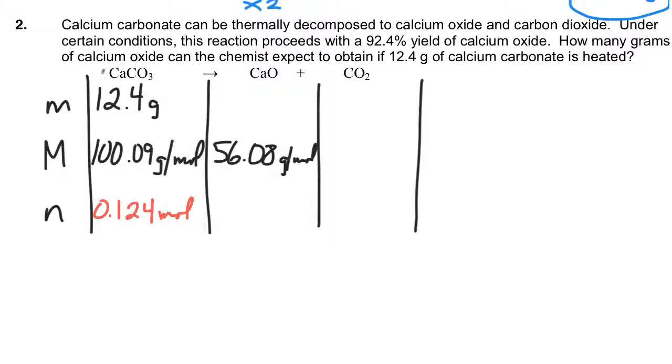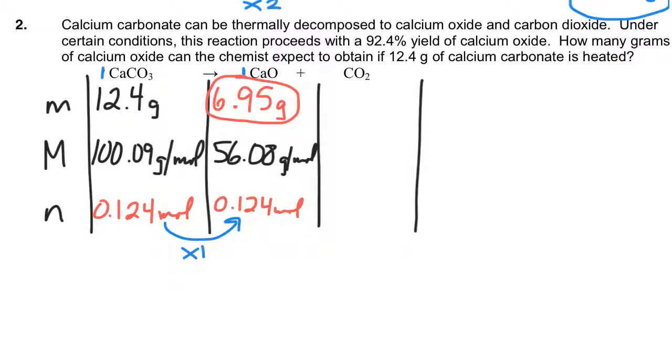Look at the coefficients. There's a 1 and a 1. It's a 1-to-1 ratio, so the molar amounts are the same. For calcium oxide, the molar mass is 56.08 grams per mole. Moles multiplied by molar mass gets you the mass. So my theoretical yield is 6.95 grams.